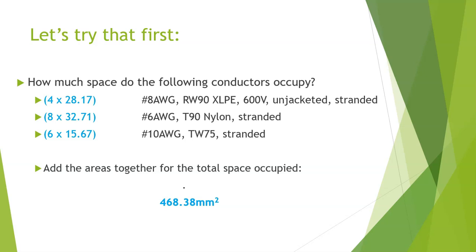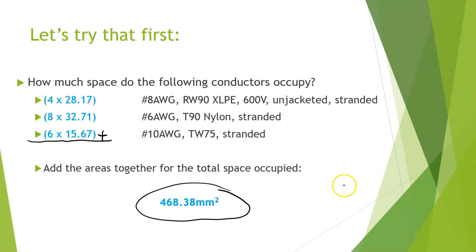So this is just a summing calculation where we add them all together. And what you get there is a sum total area occupied by the bundle of 468.38 millimeters squared. That's your sum total area.